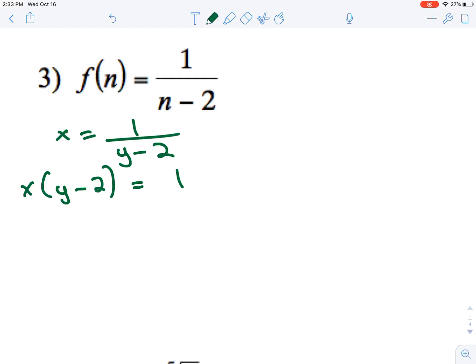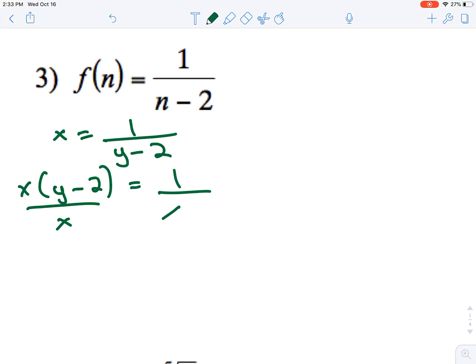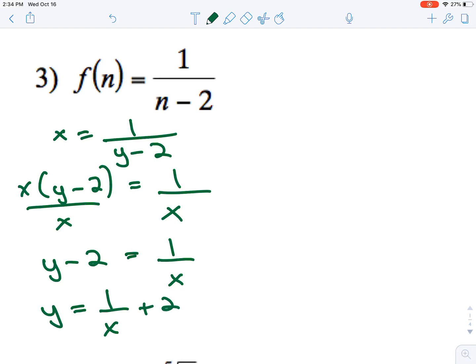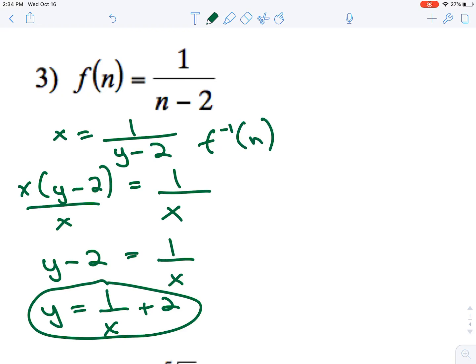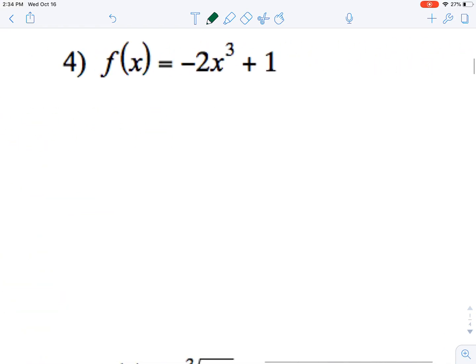So I'm going to divide both sides by x, which is going to give me just y minus 2 equals 1 over x. And then all I have to do is add 2, and I'm done. Oh, except I need to write it in good function notation. And there it is.